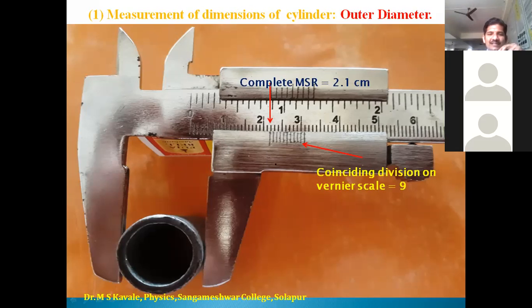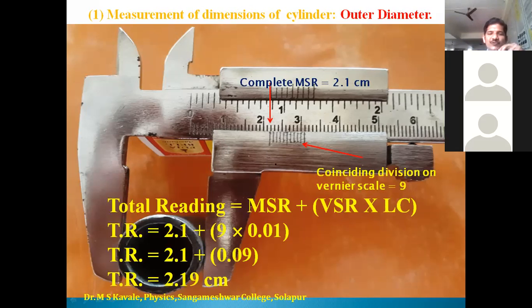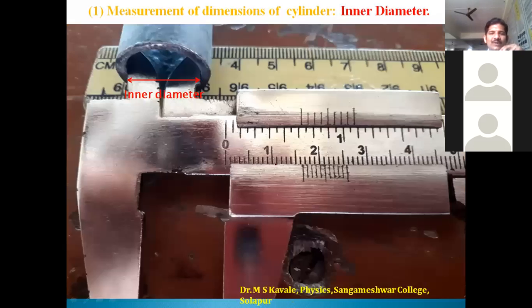Therefore, the total reading is 2.19 centimeter. Right answer. Now, in this case, inner diameter measurement is there. That is, inner jaws are used for the measurement of inner diameter of the same piece of pipe.